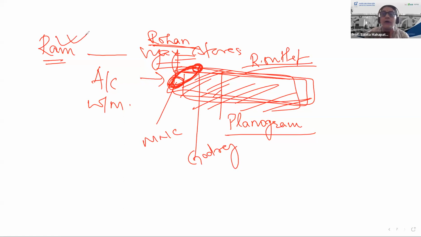Ram cannot influence him, only Rohan. No, Rohan, give me this space for Godrej. And why is this space so important? Because as the person enters through the door to the retailer, this catches the eye. It's very significant.